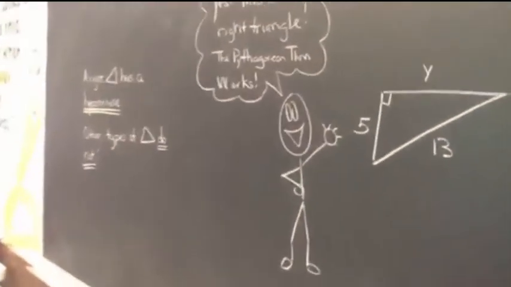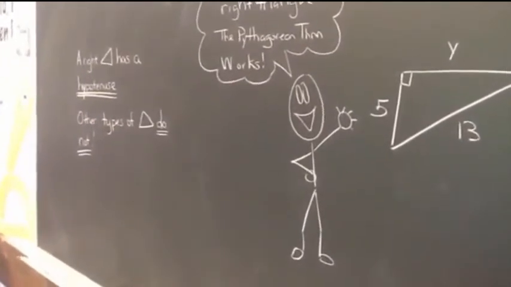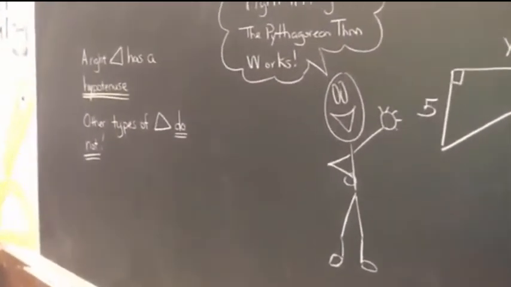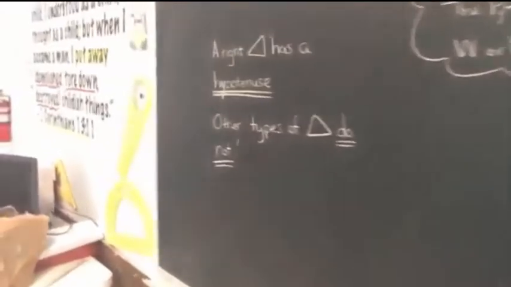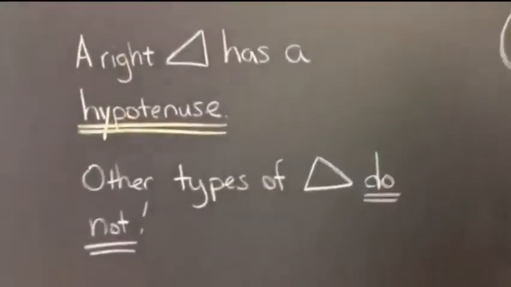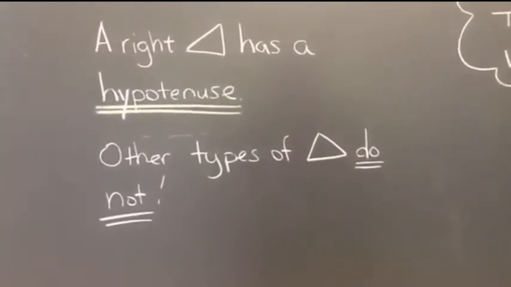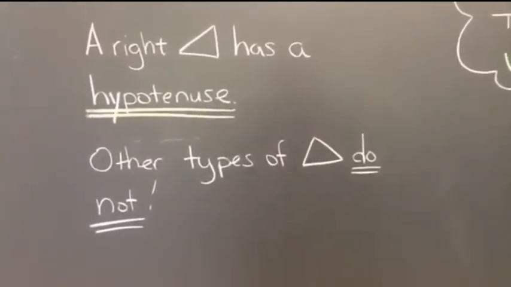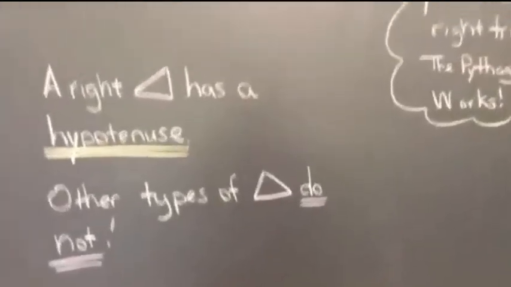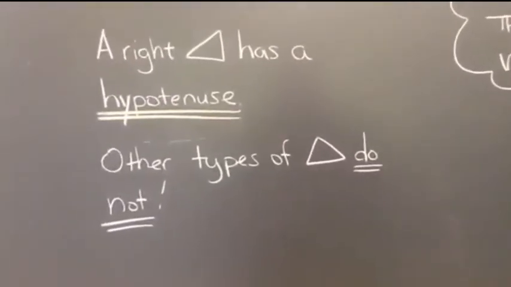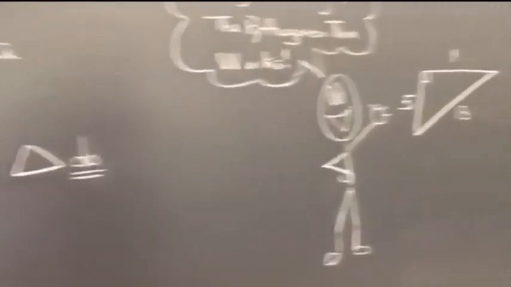And so don't fall into the misconception that every triangle has a hypotenuse. No, it's only the right triangles that have a hypotenuse, and only them. So the Pythagorean theorem can only work on a certain family of triangles. It can only work on the right triangles.